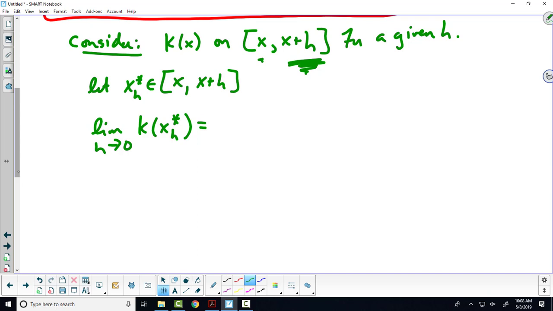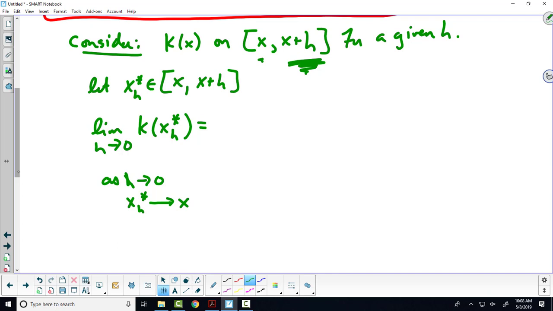So as that happens, as h goes to 0, x_h star gets closer and closer to what? X. Yeah. If it's trapped, go to your Star Wars metaphor, if it's trapped in the trash compactor and the one wall of the trash compactor's closing in on it, where are you going to end up?